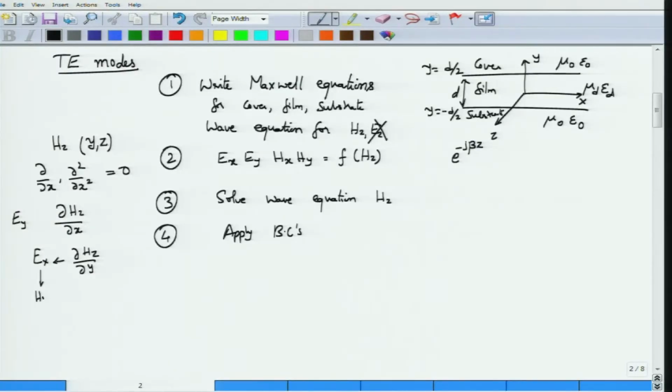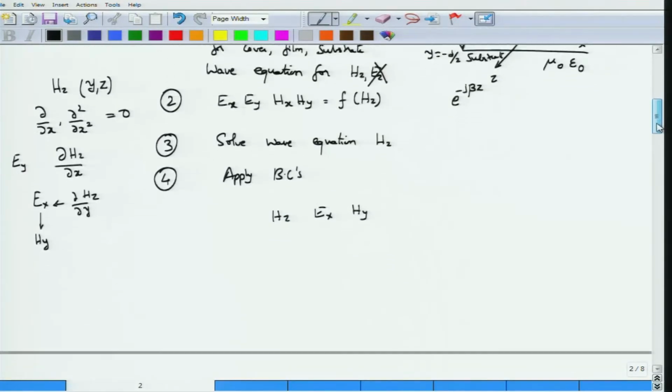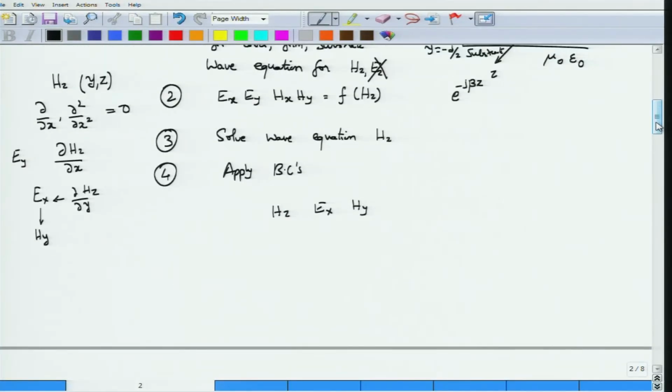Corresponding to Ex, you will find a Hy component. Okay, so these are the 3 different components that you are going to find. So for the TE modes, the non-zero components are Hz, Ex and Hy. Of course, Ex and Hy will be expressed in terms of Hz itself. The reason why I have Hy is because I have Ex, and Ex and Hy must constitute the orthogonal components, right? So that ratio must correspond to the wave impedance as we have discussed earlier.